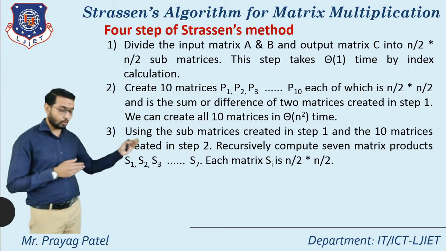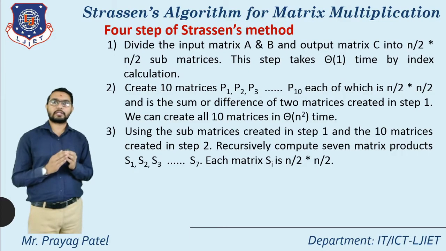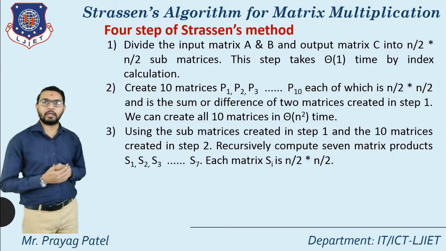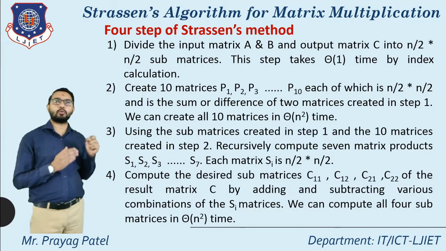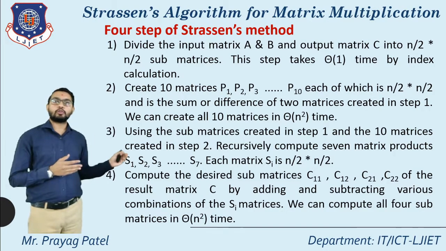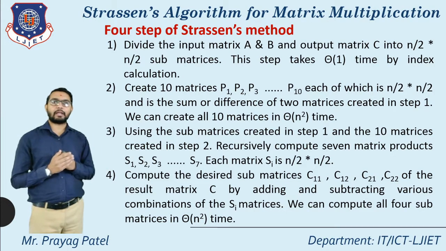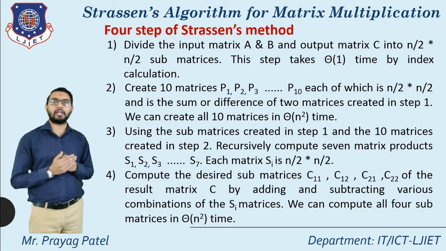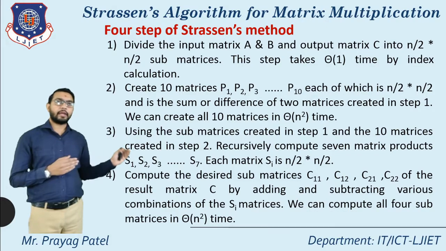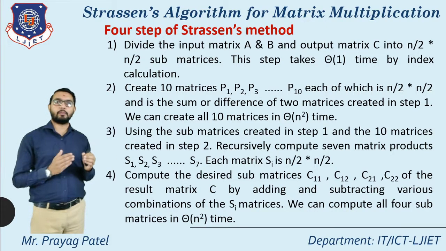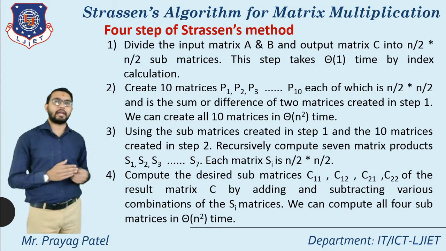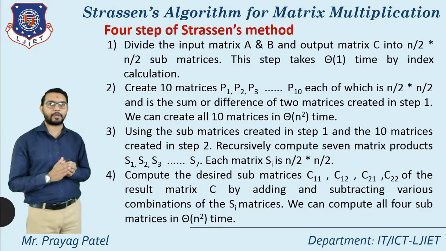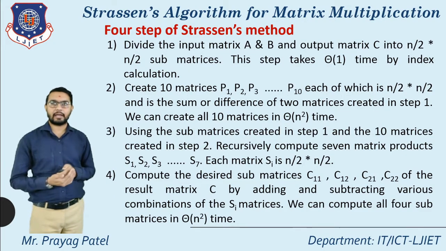So for finding S1 to S7, we perform 7 matrix multiplication operations of n by 2 cross n by 2 matrices. Then compute the desired submatrices C11, C12, C21, C22 of the resultant matrix C by adding and subtracting various combinations of the Si matrices. We can compute all four submatrices in theta of n square time. So for the last step, addition or subtraction, we require n square time.